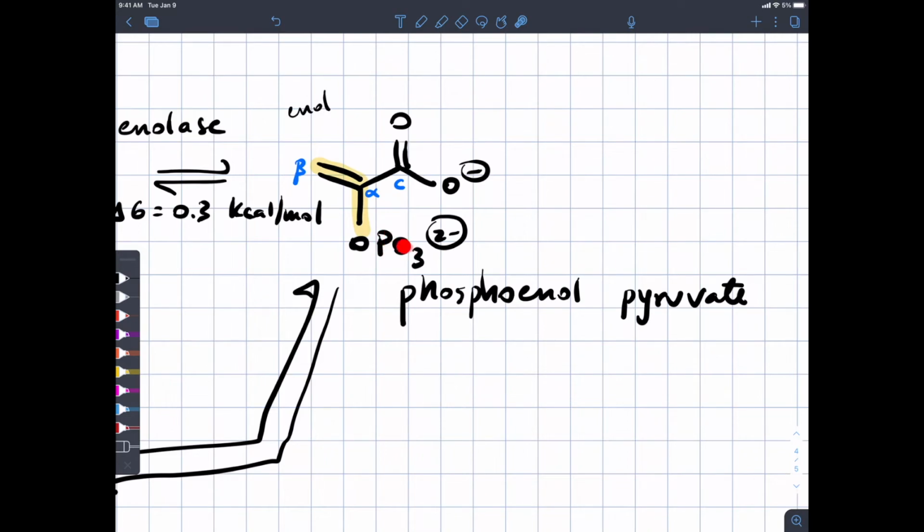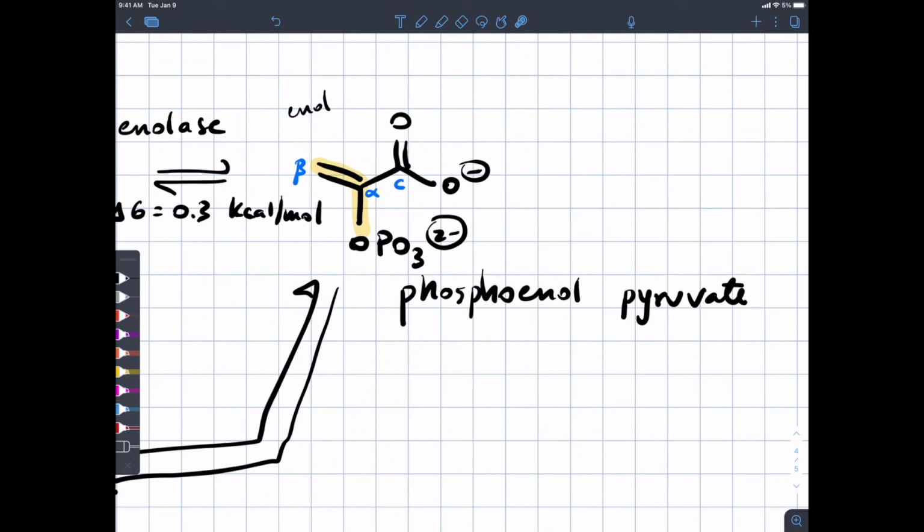If you ignored this phosphate and replaced it with a proton, you would have an enol. And remember, enols are not stable relative to ketones. Ketones are more stable than enols because carbon-oxygen pi bonds are more stable than carbon-carbon pi bonds, because oxygen's more electronegative than carbon, and electronegativity means electrons are held closer to the nucleus, lower in energy.